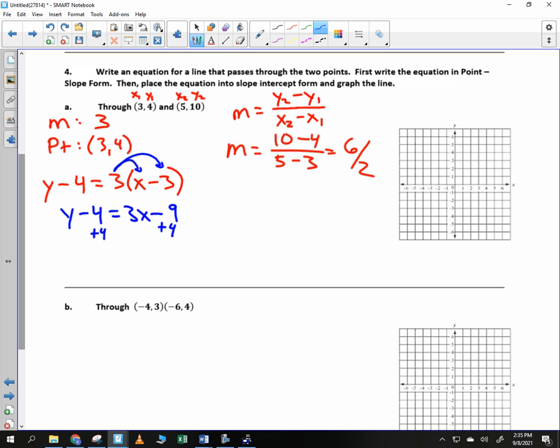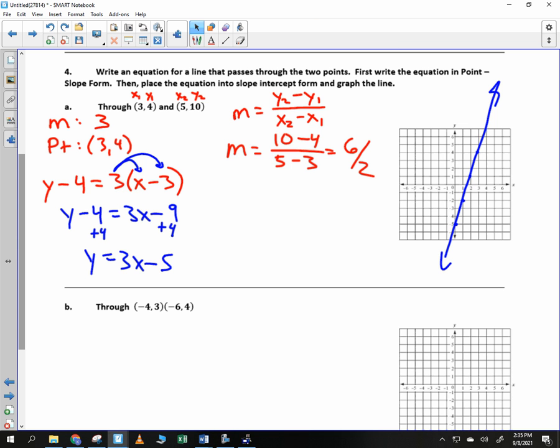Add that 4. y is 3x minus 5. Can you graph that? Sure looks like it goes through (0, -5). Looks like it's going to go through (5, 10).